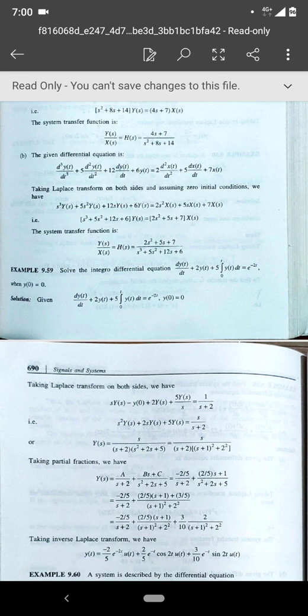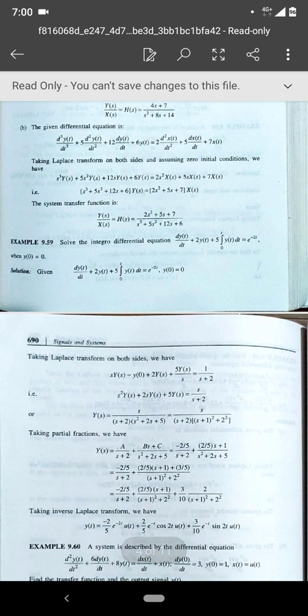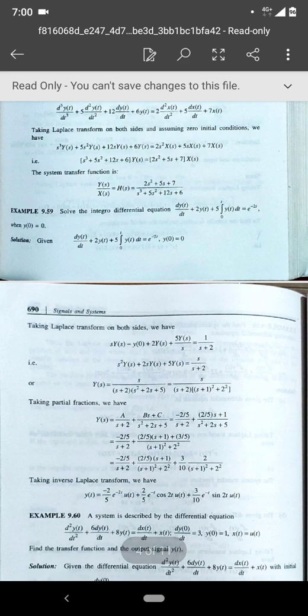You might have seen that when you take the Laplace transform of the voltage drop across a capacitor. And that is equal to 1 by s plus 2, because the Laplace transform of e raised to minus 2t is 1 by s plus 2.